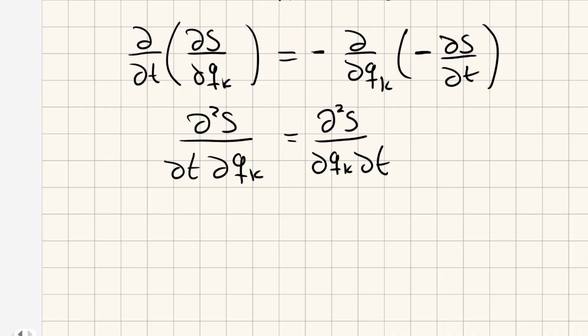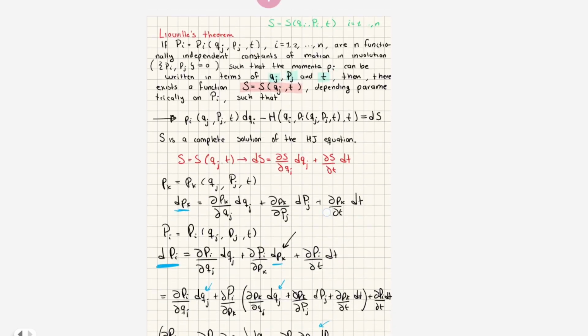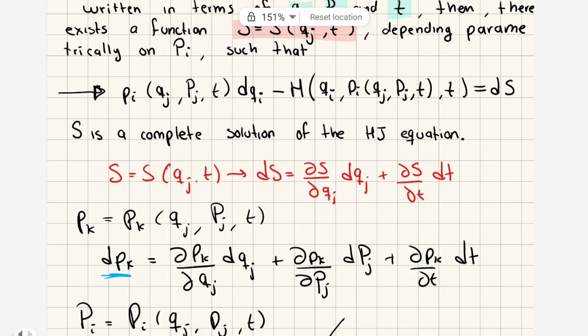You can take first the derivative with respect to q and then the derivative with respect to t. But you should know from differential equations that this is a requirement for the total differential to be exact. With this we can guarantee that the differential ds defined in this way is exact.